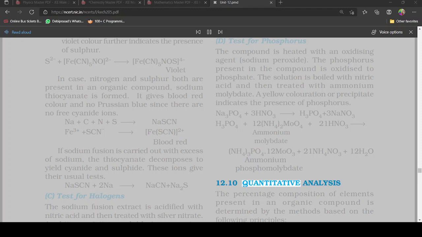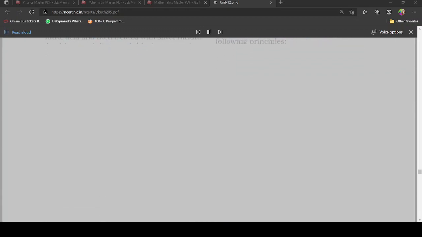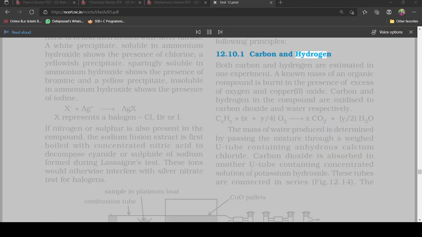12.10 Quantitative Analysis. The percentage composition of elements present in an organic compound is determined by methods based on the following principles. Carbon and hydrogen. Both carbon and hydrogen are estimated in one experiment.